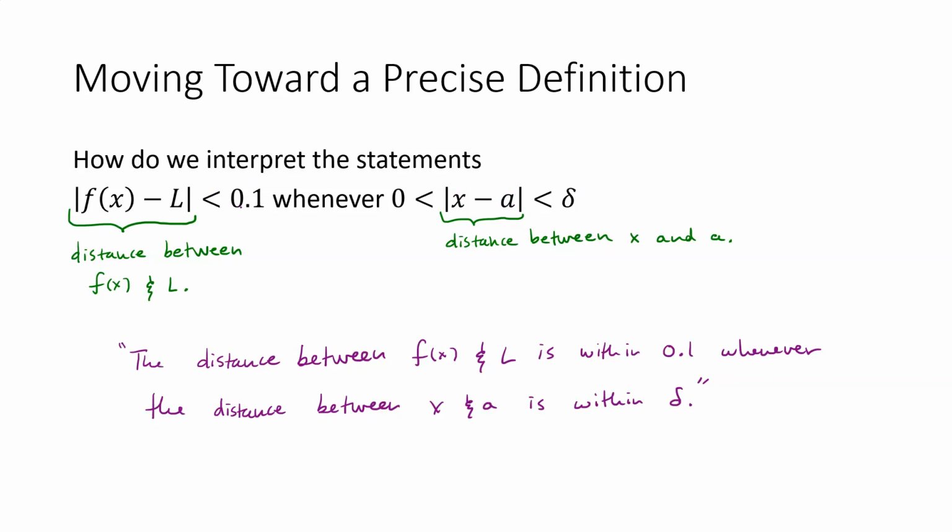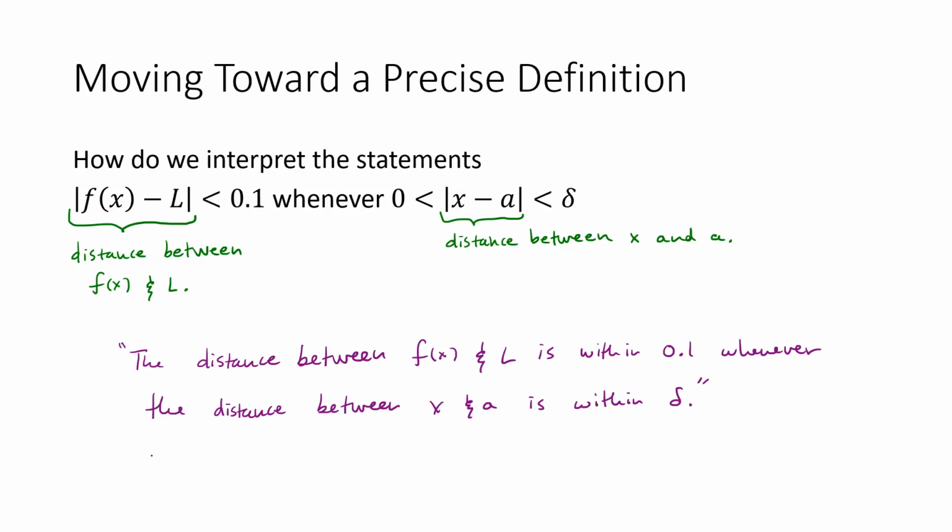In this case, suppose we want f of x and L to be within a distance of 0.1 from one another. Then we should be able to find a distance delta so that x and a being within a distance of delta will guarantee that f of x and L are within a distance of 0.1.